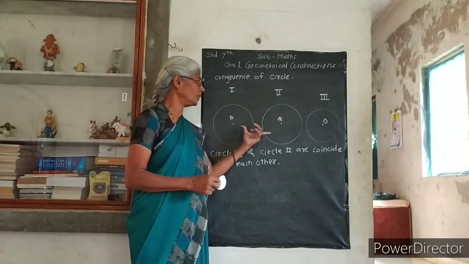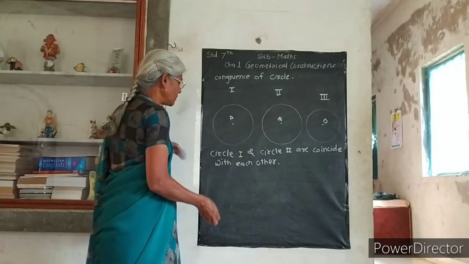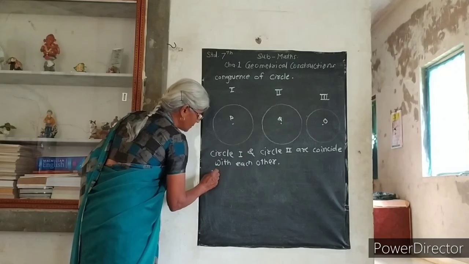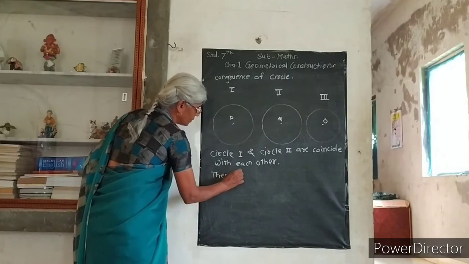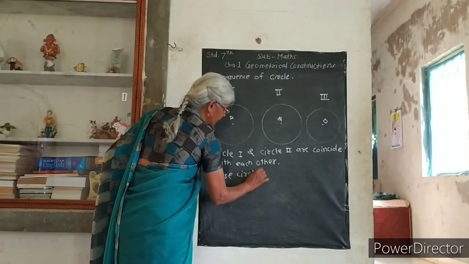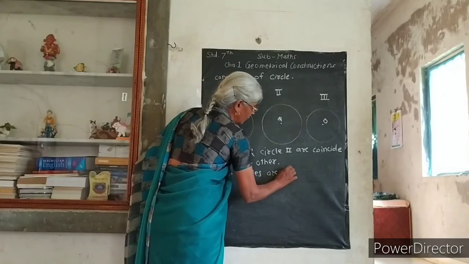These two circles coincide with each other. Means these circles are congruent.